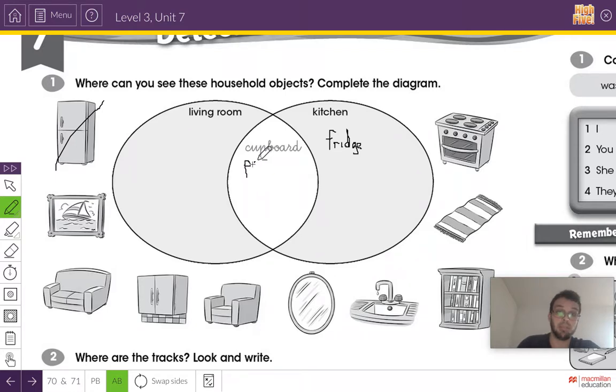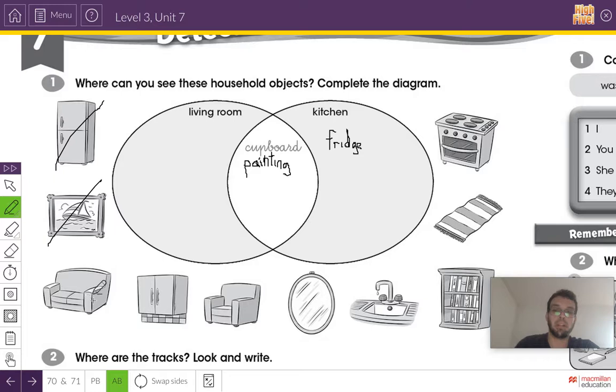Painting. Paint, that's an N. Painting. Good. That's that one finished.